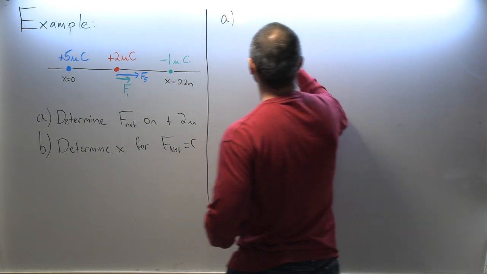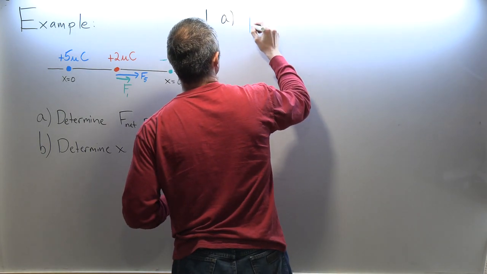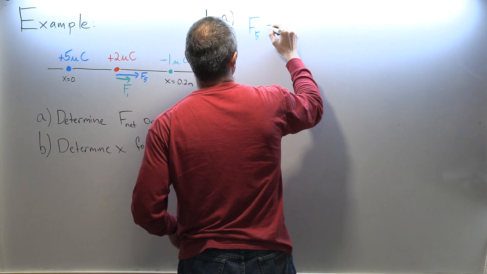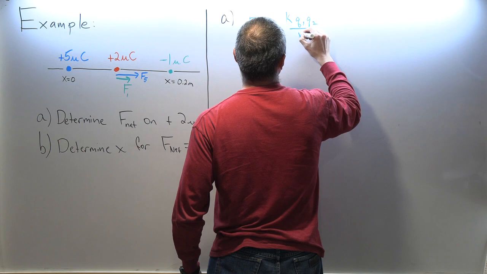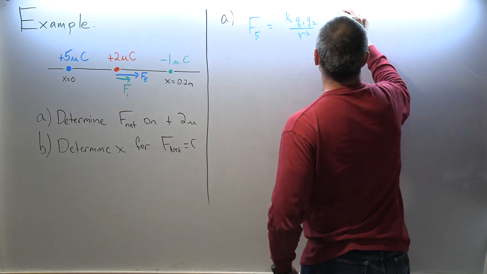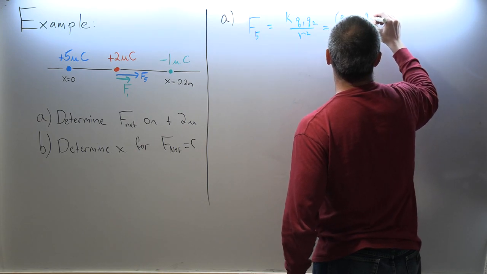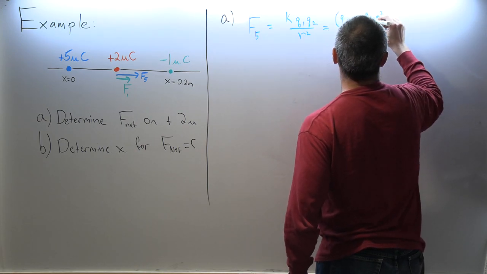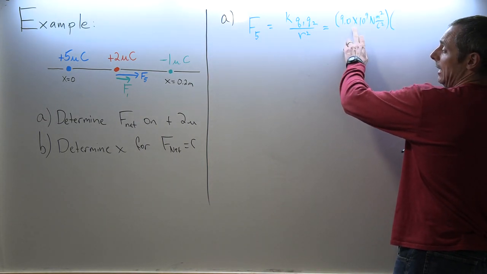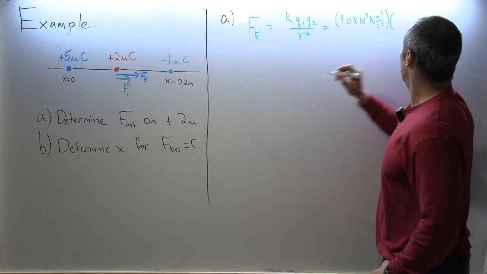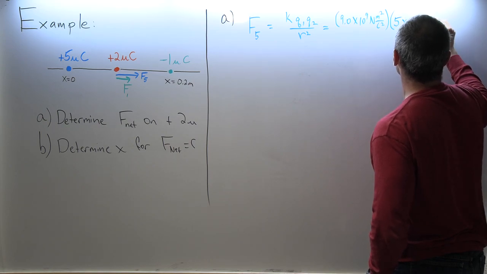So the first thing that I could do is find F5 by using Coulomb's Law. I used 9 times 10 to the 9th instead of 8.99. q1 is 5 times 10 to the minus 6 coulombs.